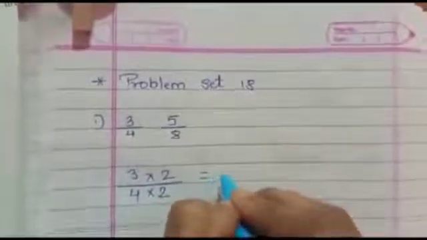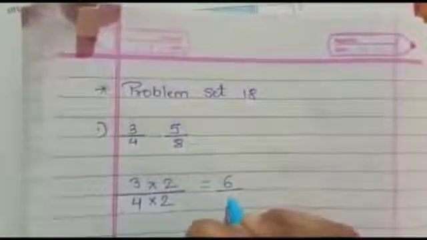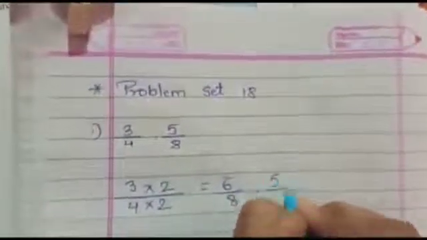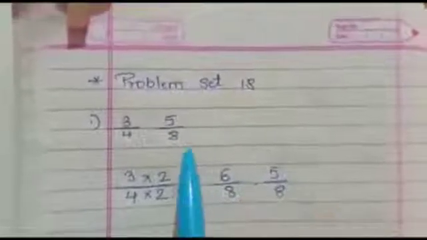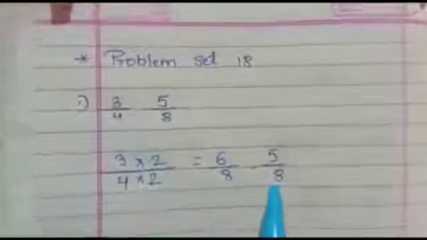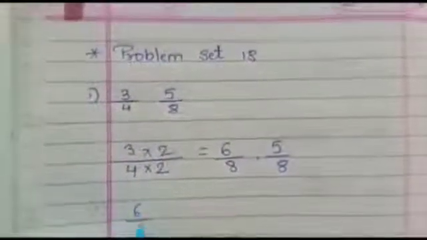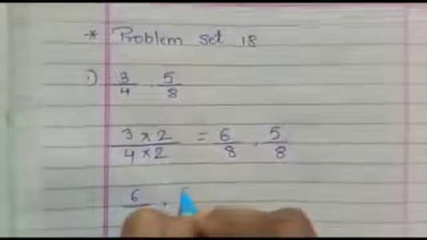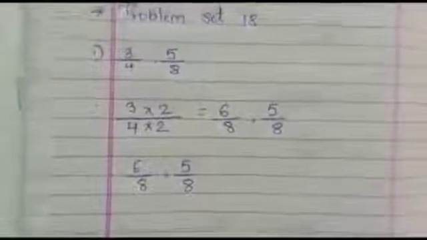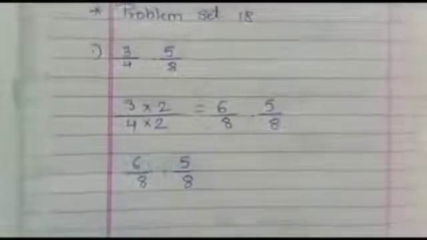So 3 2's are 6, 4 2's are 8, and the other number will be as it is, 5 upon 8. ओके, क्योंकि हमको यहाँ पे डिनोमिनेटर सेम बनाना है, तो अभी डिनोमिनेटर सेम हो गया. Therefore 6 upon 8 and 5 upon 8. You got the like fractions? Understood how to convert it and how to make the denominators equal?